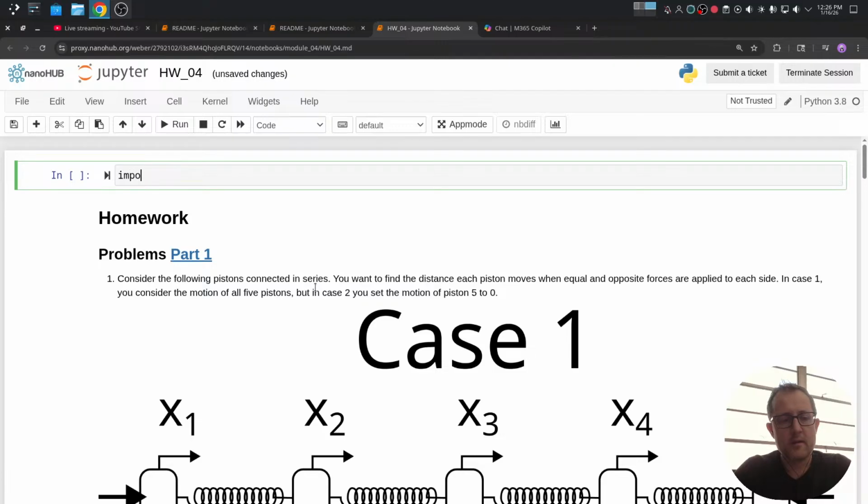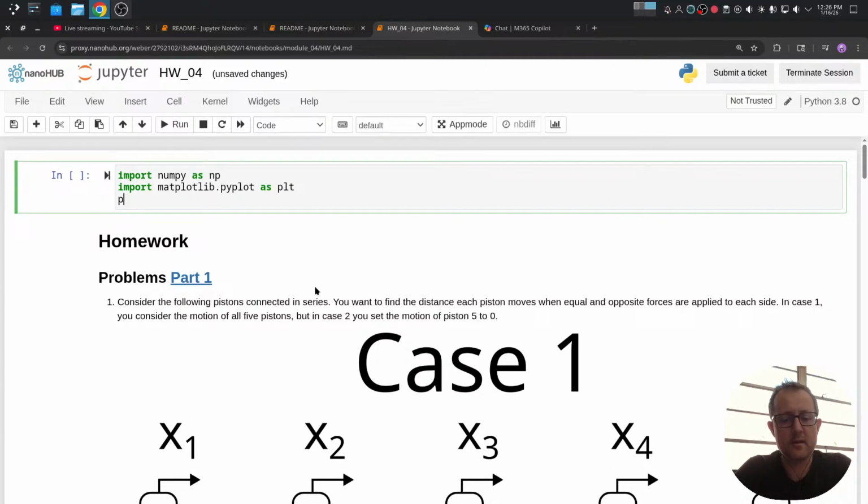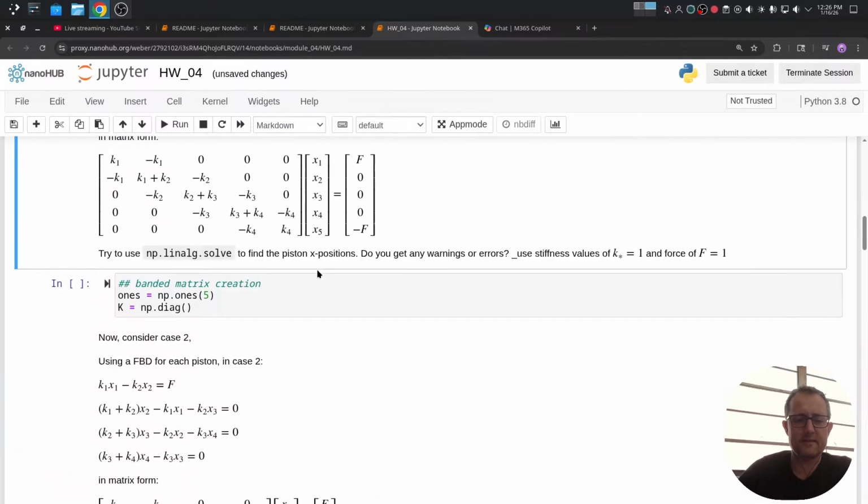Above, import numpy as np, import matplotlib.pyplot as plt, plt.style.use 538. There. I didn't have that default in there.